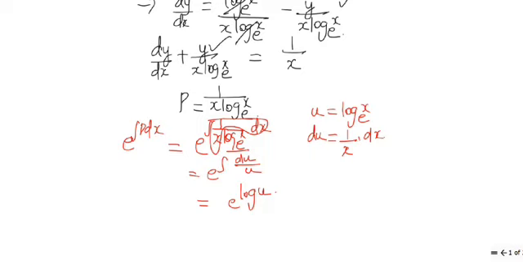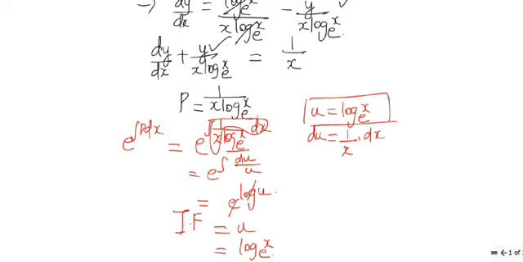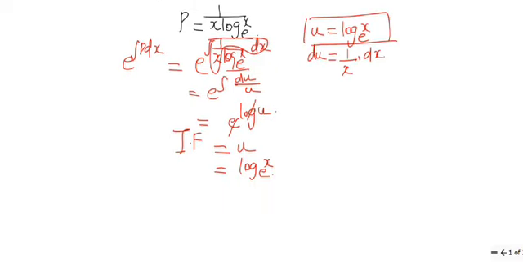Now e power log u is simply u, because e and log are inverse functions, so they get cancelled nicely. So finally we are getting the integrating factor to be u. I'm sorry, the integrating factor is u, and u is nothing but log x to the base e. So this has to be multiplied on both sides to get our solution.